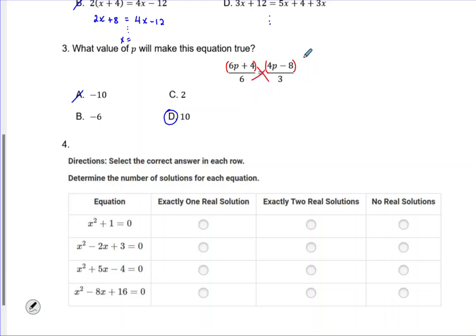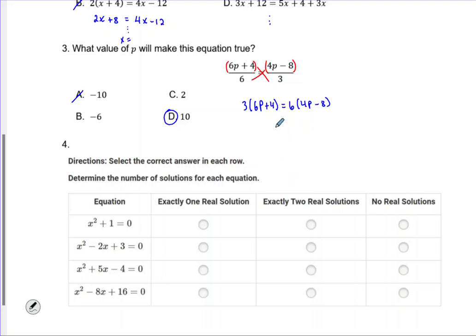So you would have 3 times 6p plus 4 equals 6 times 4p minus 8.